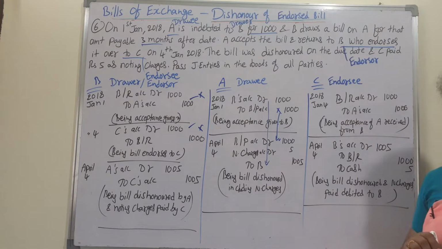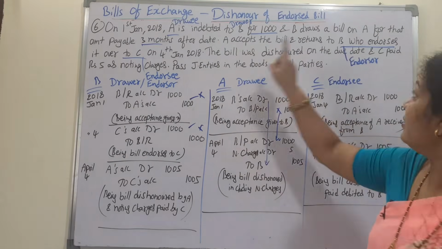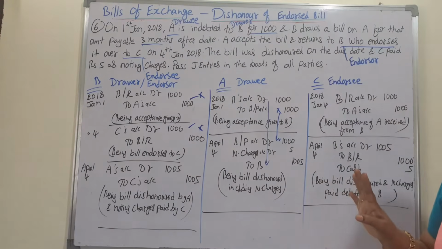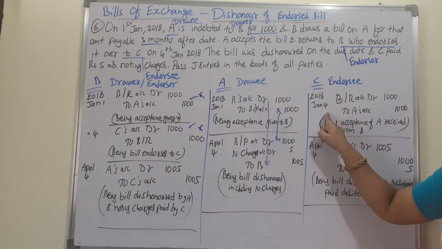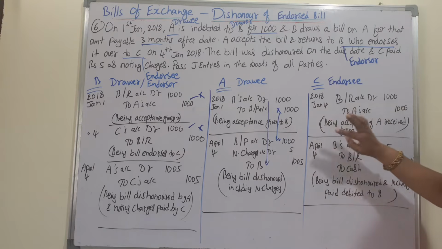Drawee, endorsee. In the books of endorsee, first what happened? B endorses it to C on 4th January. On 4th January he got the bill from A.